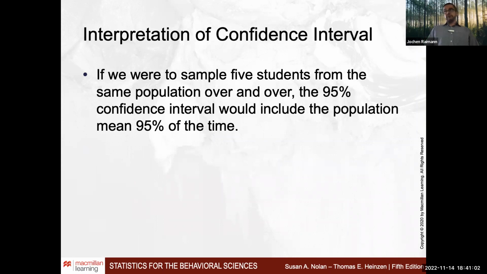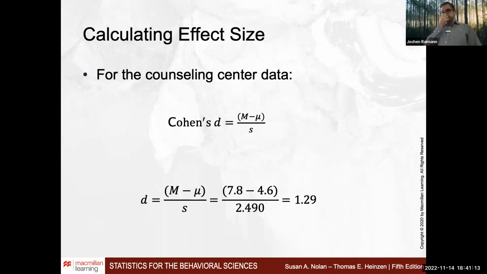It will include the population mean 95% of the time. 5% would be either above or below. Then in the same fashion as we did previously with the set distribution, we can also calculate the effect size.